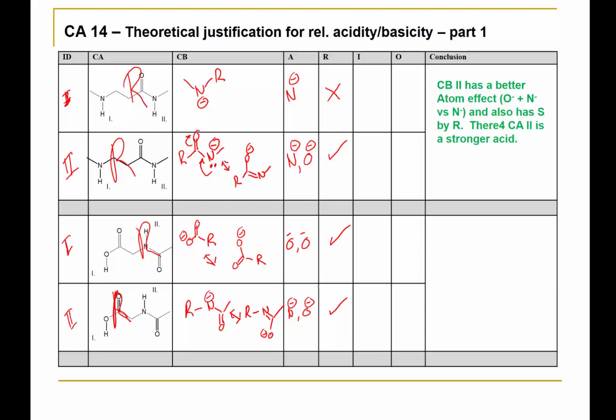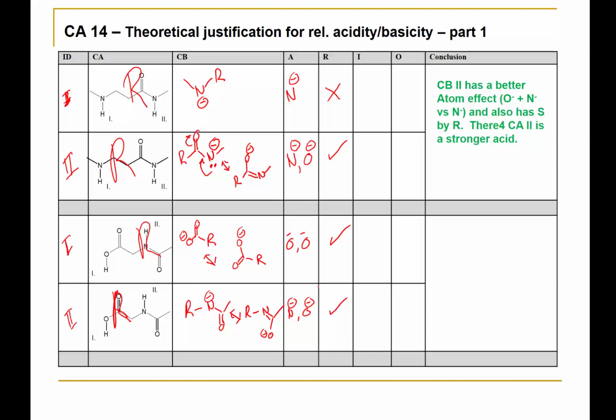So while both conjugate bases have stabilization by resonance, I would pinpoint that one conjugate base is going to be more stabilized, and this is due to the atom effect. And this is conjugate base number 1, because the negative charge resides entirely on oxygens, and oxygens are more electronegative than a nitrogen.